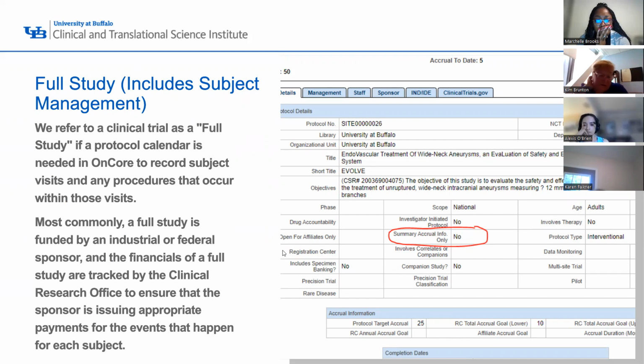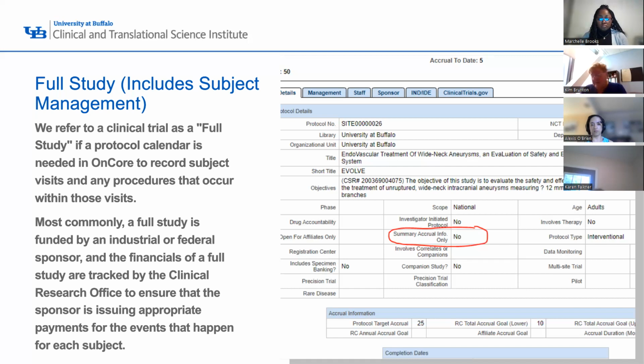Most of these will be funded by industry or federal. And the full financials are predominant, I shouldn't say, for most of these, or basically all of these, the full financials will be followed and reconciled within OnCore by our financial specialists within the research office.